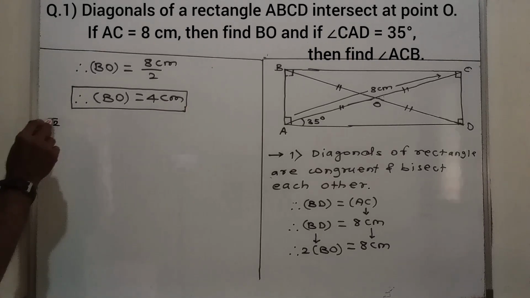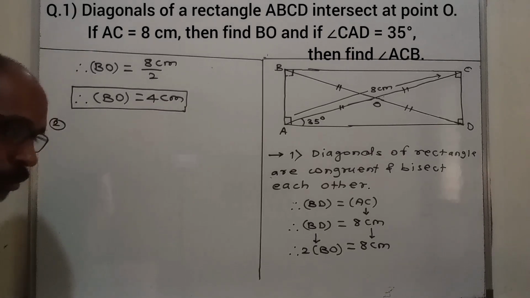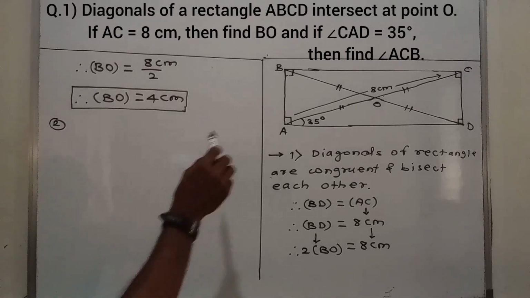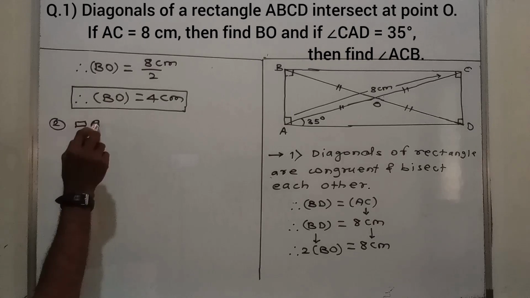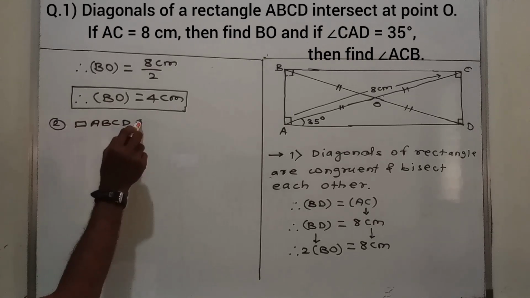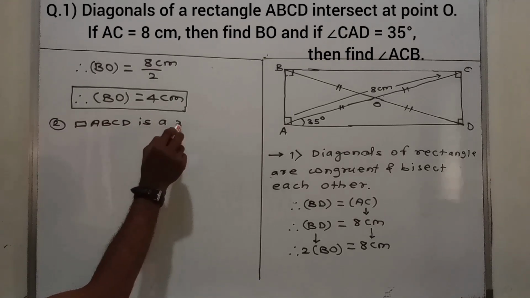Now number 2. See here. Quadrilateral ABCD is a rectangle.